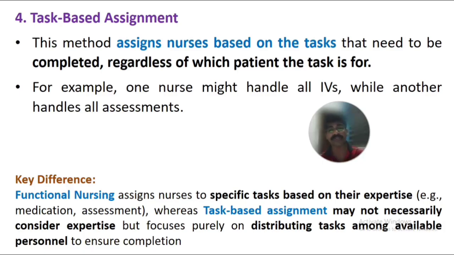So according to the number of staff, they will assign the different duties, the different patient care. Then she will assign one nurse to one task, because it is only task based, not bothering about the skill or expertise of the particular staff in that procedure. So the key difference is that in functional nursing, nurses are assigned to the specific function or task based on their expertise, their greater skill in that area.